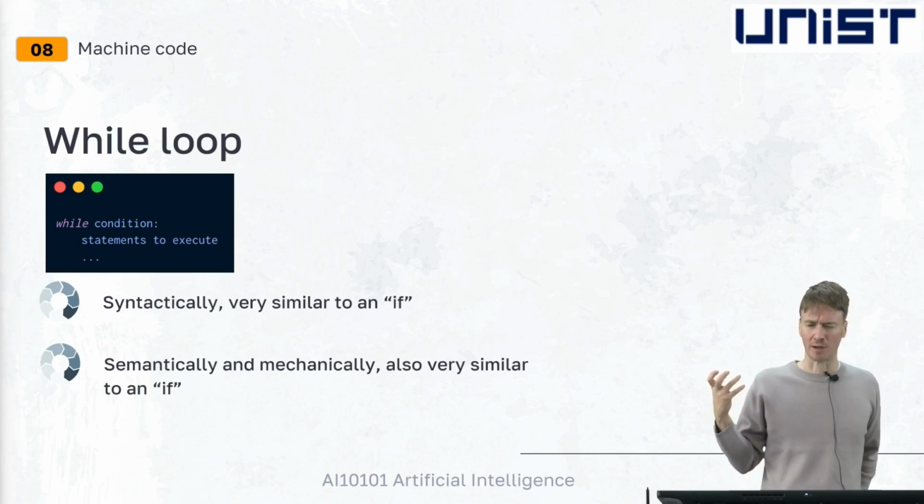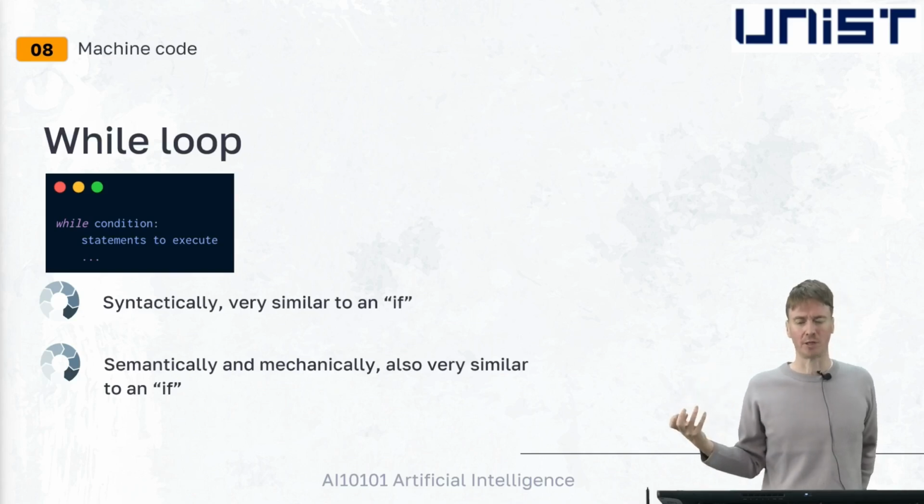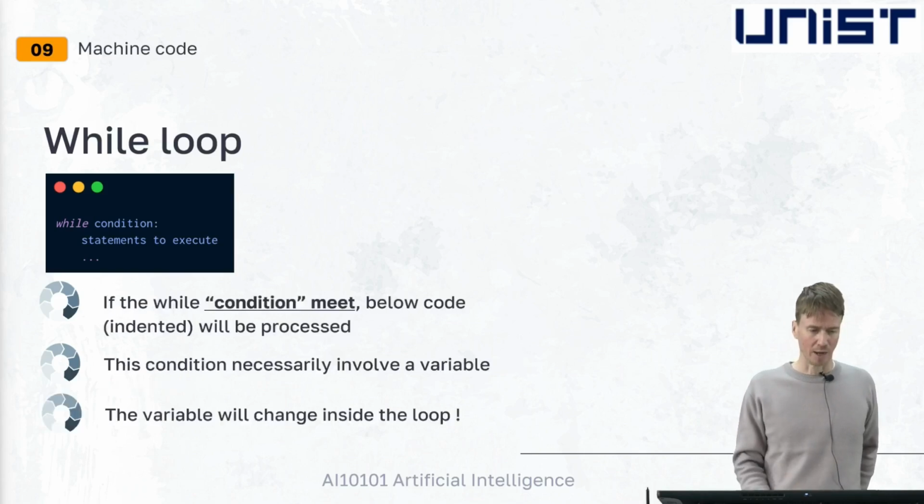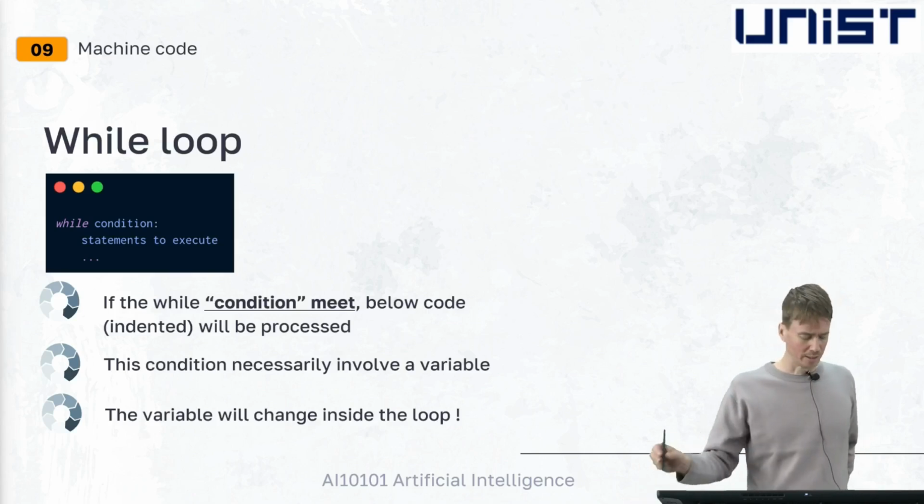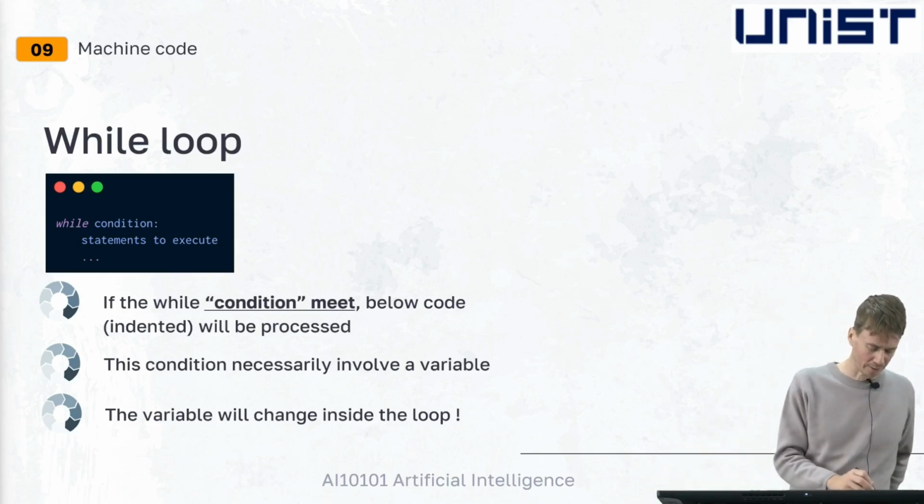In terms of the mechanics, it's also quite similar to an if statement. In an if statement, Python would check the condition, and if it were true, it would execute these statements, and then execution would just continue on afterwards.